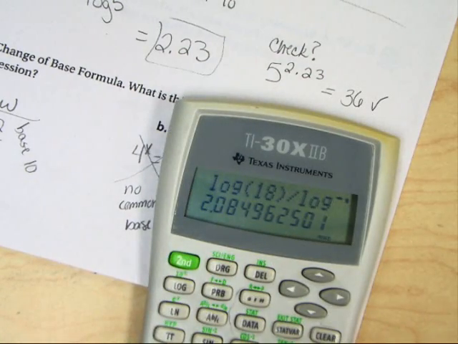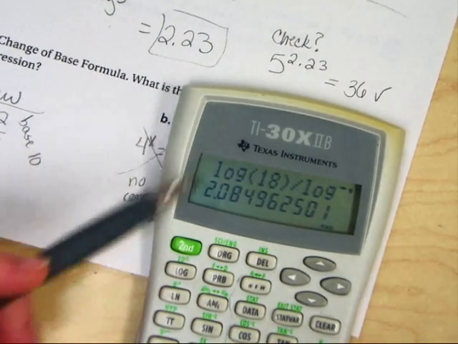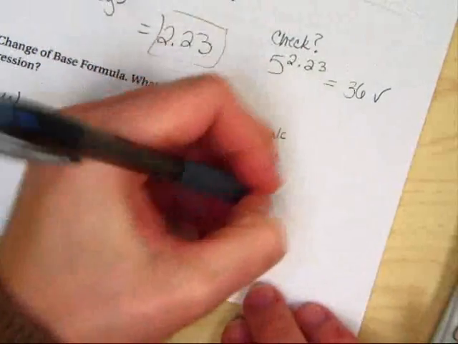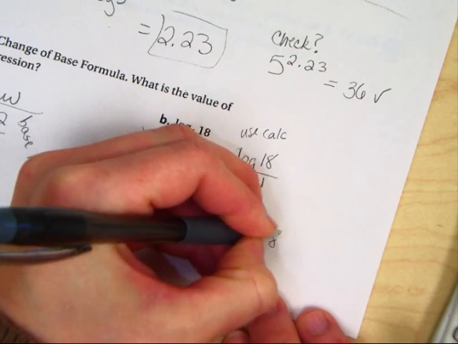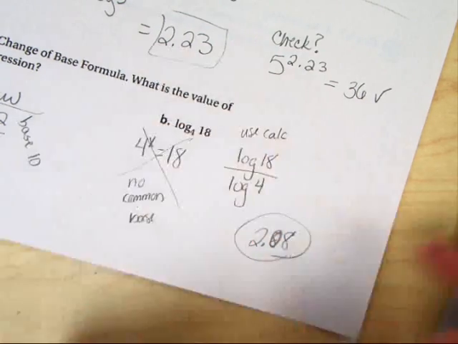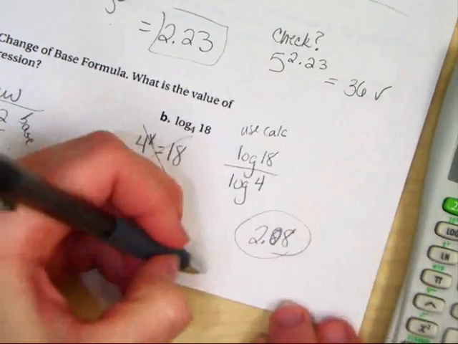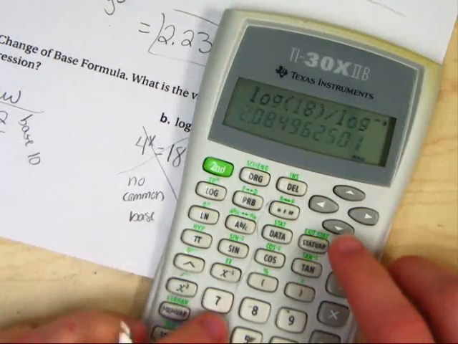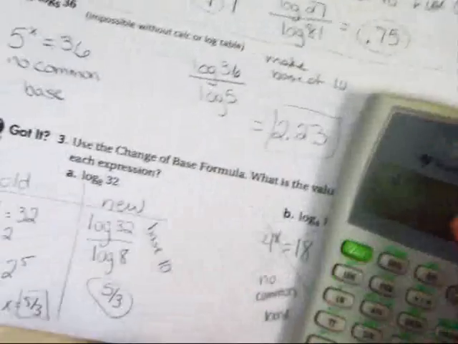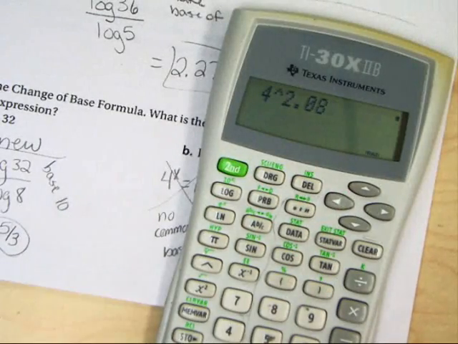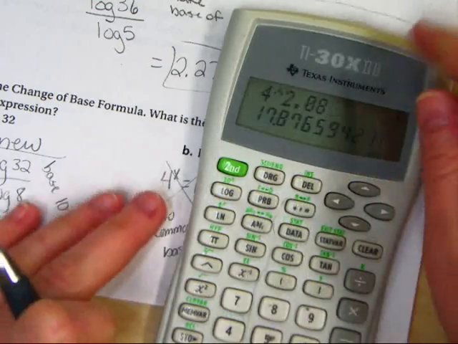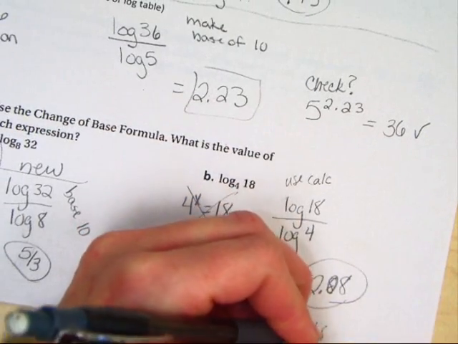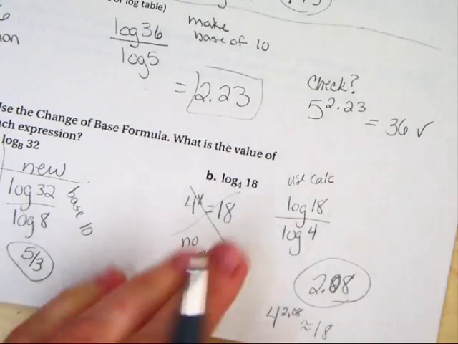And we get a pretty ugly decimal that cannot be made into a fraction. So we'll do 2.08. How can you check if you are correct? You take 4 to the 2.08 power, and you should notice we get pretty close to our answer of 18. Again, it's not 18 because we had to round.